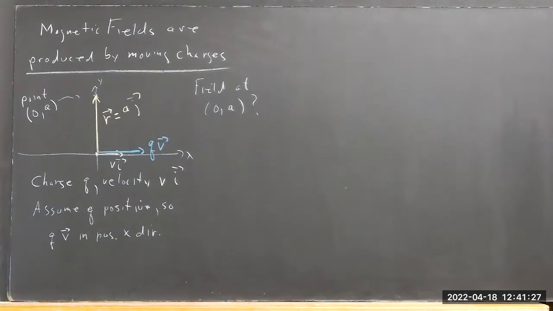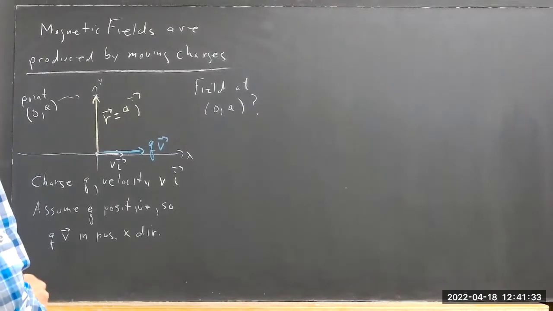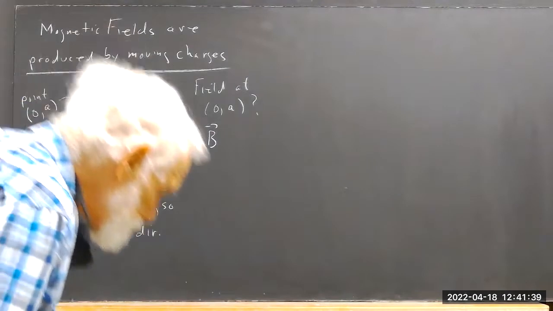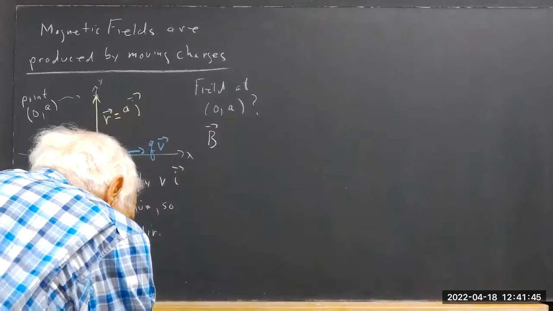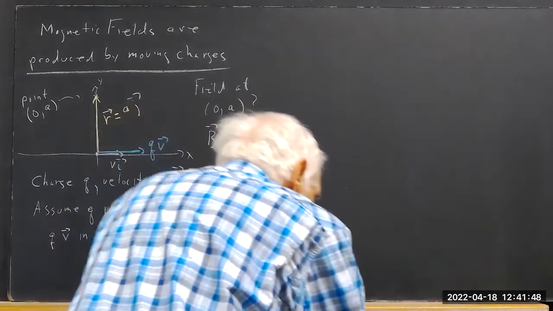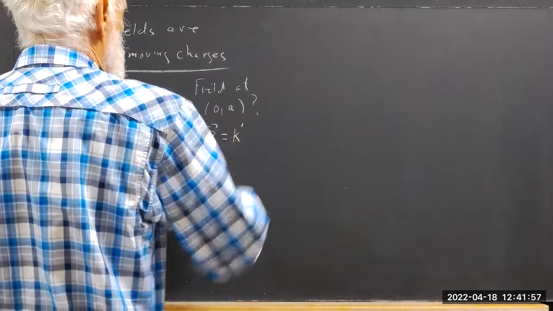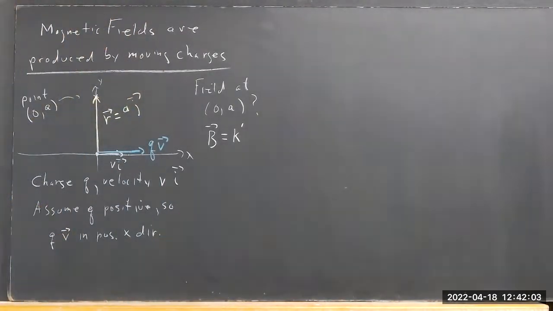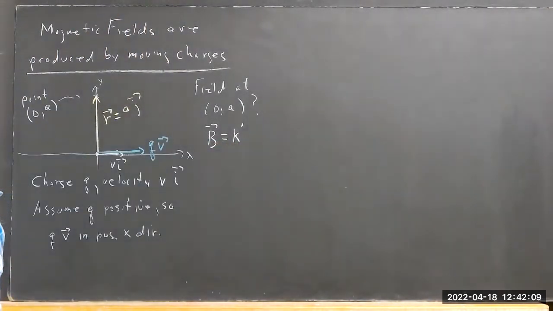Okay. So the field B at the point 0A is: you have a proportionality constant K prime, 10 to the -7th magnitude in units, such that you end up with units of magnetic field when you do the rest of this calculation, okay?